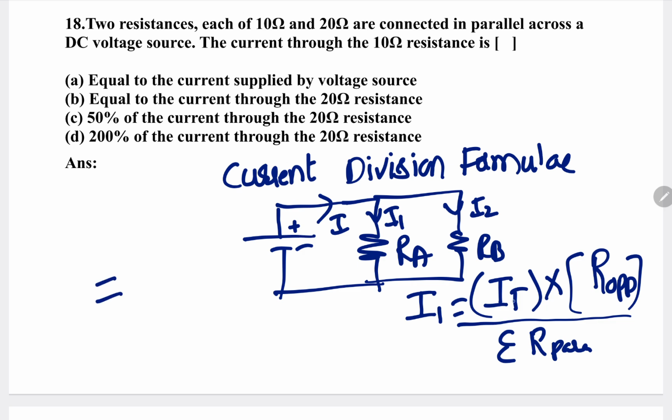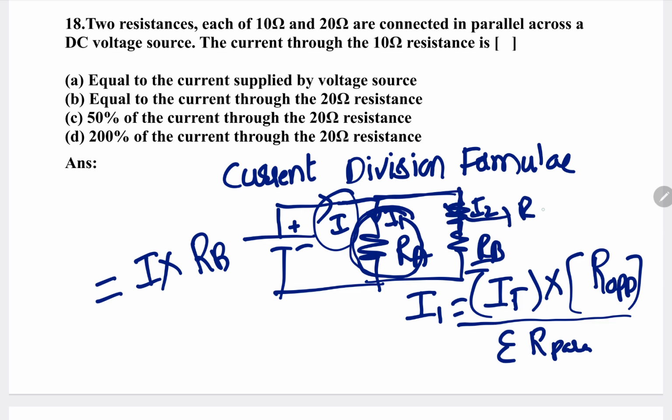Here you see, total current for I1: what is the total current? I, into opposite resistance. We are calculating current through RA. In parallel with the RA, what is there? Only RB is there. Let us say here one more resistor is there, that is RC. Now how are RC and RB connected? Series.